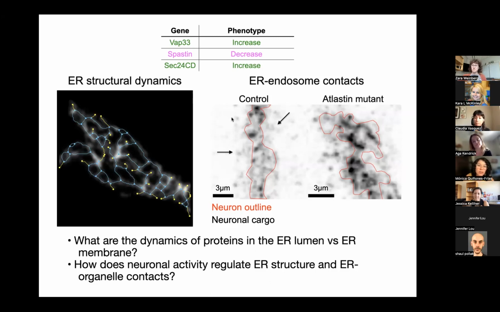Yes, so the muscle has tons of ER, which is why I need to express ER markers only in the neuron in order to visualize it. But I haven't really studied the dynamics of the ER there yet. I quickly expressed it to see that it was there, and it was, and I didn't focus on it.